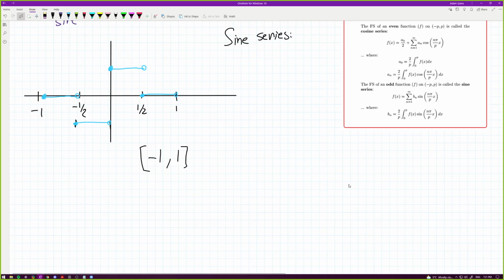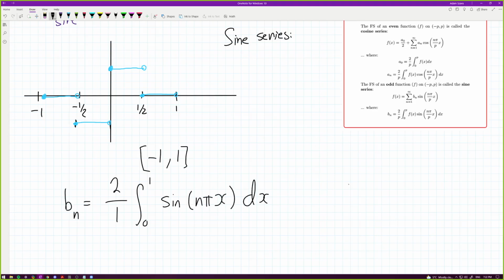Bn is going to be 2 over 1, the integral from 0 to 1 of sine n pi x dx.